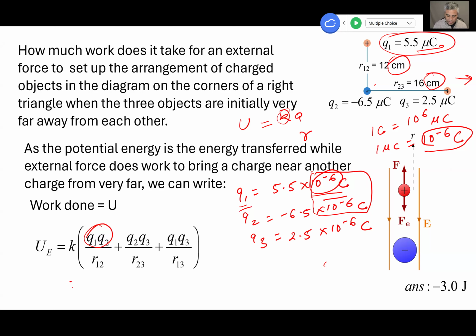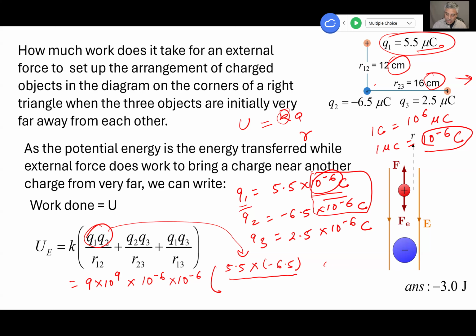If you like, you can write that k is 9 times 10 to the power positive 9. Then you can write 10 to the power negative 6 from one charge and 10 to the power negative 6 from the other charge. I'm factoring them out because all of the terms will have that. So now, for example, all you need to multiply is 5.5 times negative 6.5, Q1 and Q2, right?